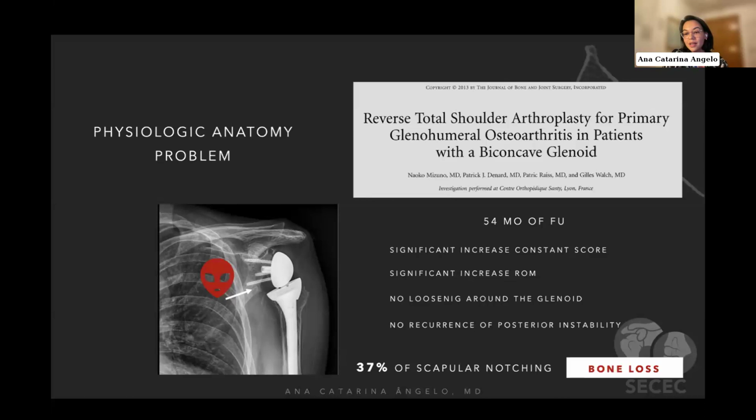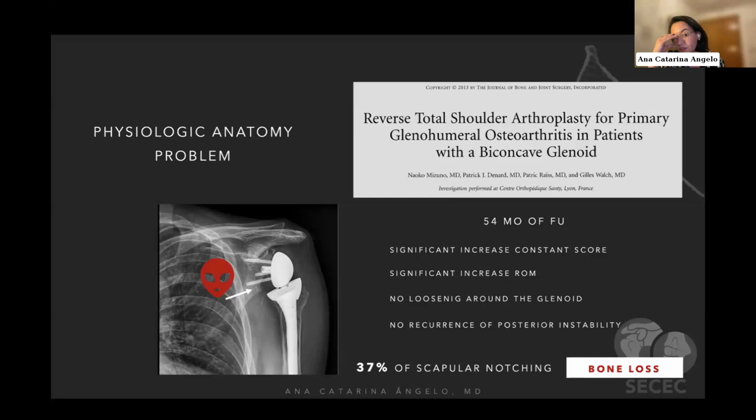And this was probably what was in mind of Gilles Walch and his team when they described the first results of using the reverse shoulder arthroplasty to deal with this glenoid problem, with this posterior progressive glenoid wear.